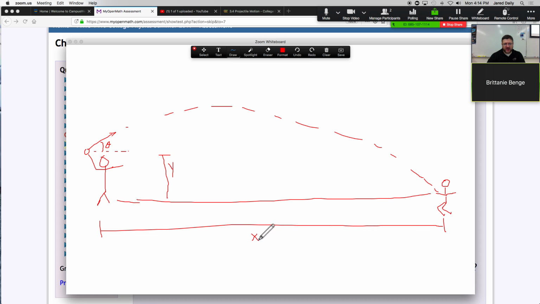And X naught and Y naught can both be 0 if you want them to be, so that our initial height is 0 and our final height would be a negative. And our initial X position is 0 and our final X position is however far away the catcher is, right?